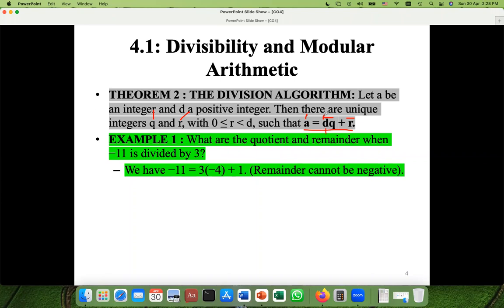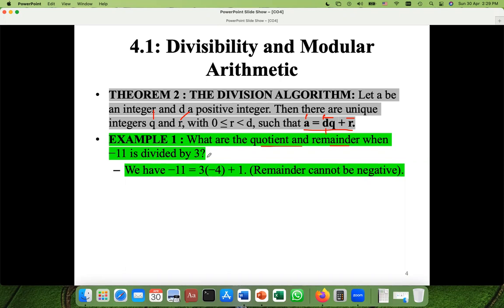So this equation is the concept you already know, and we can understand it with this example 1. For example, what are the quotient and remainder when minus 11 is divided by 3?